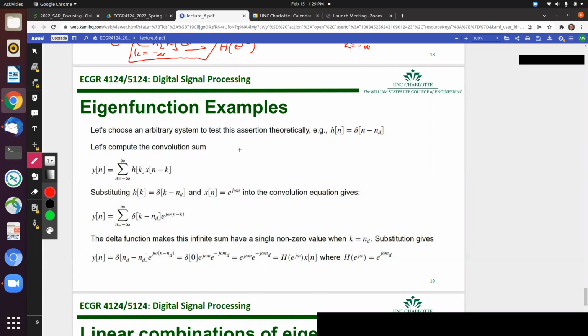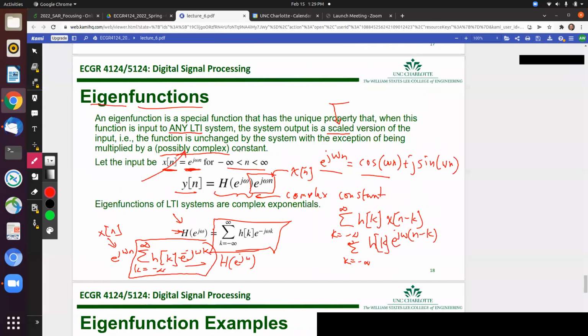But in both cases, we're representing a signal in terms of a sum of trigonometric functions. And every one of those trigonometric functions is a combination of two complex exponentials. If I want to write down cosine, I could write it as one half times e to the j omega n plus e to the minus j omega n. That's my way of writing cosine of omega n.